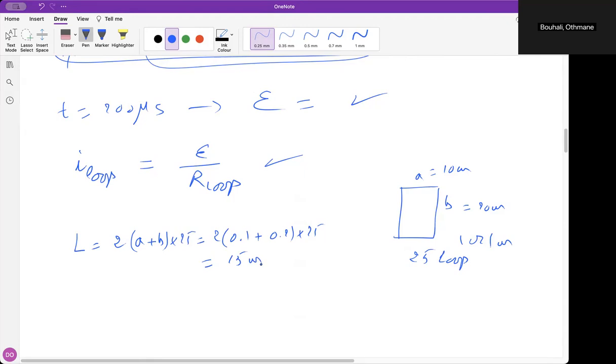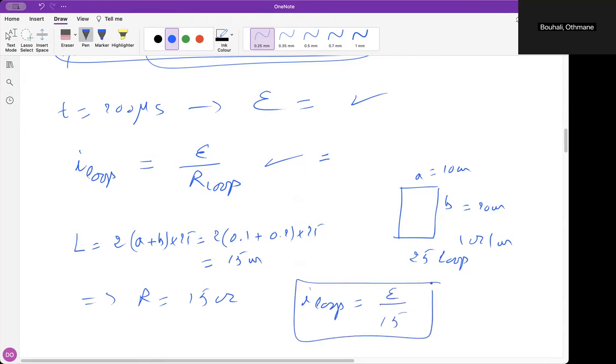In each meter there is 1 ohm, which means that the resistance is 15 ohms. So you can now calculate the current in the loop, which is equal to the EMF that you found before divided by 15 ohms. Okay, so this is the answer.